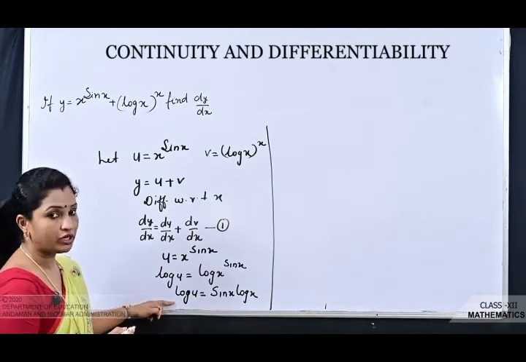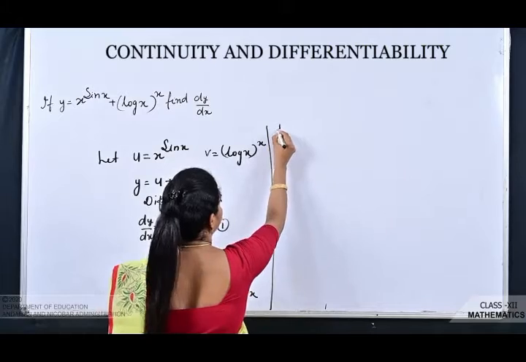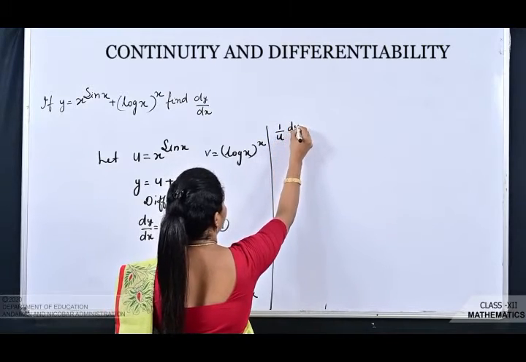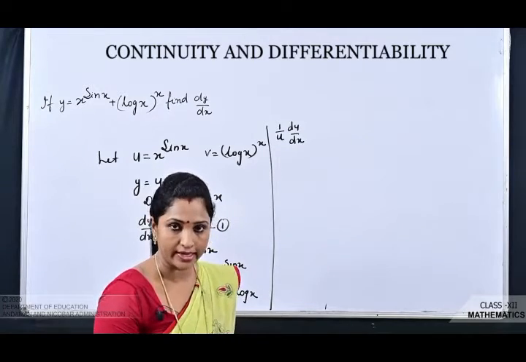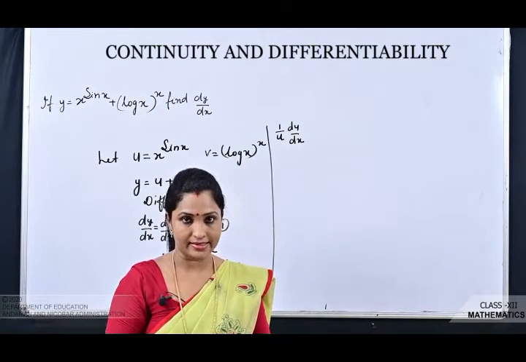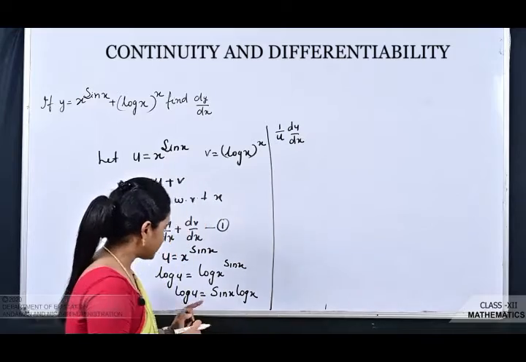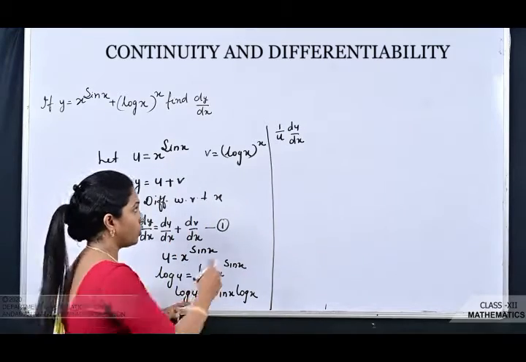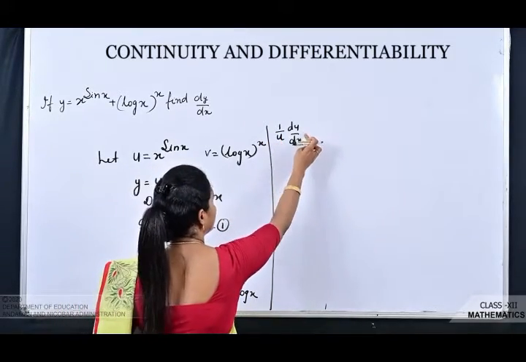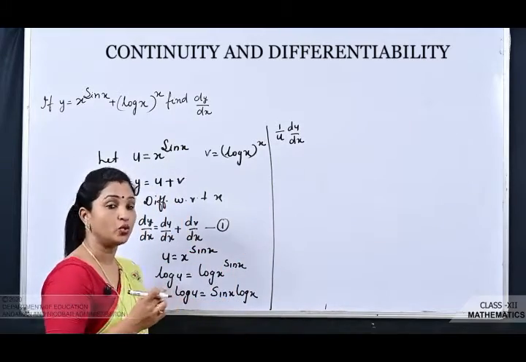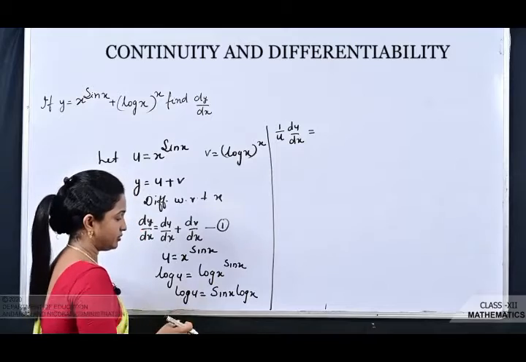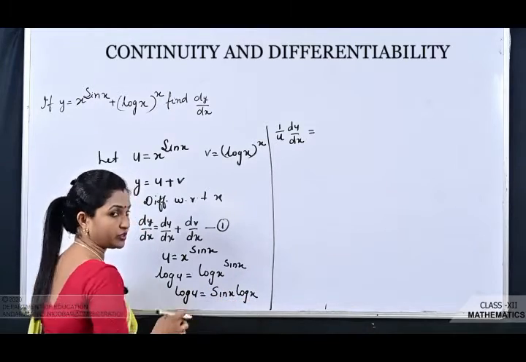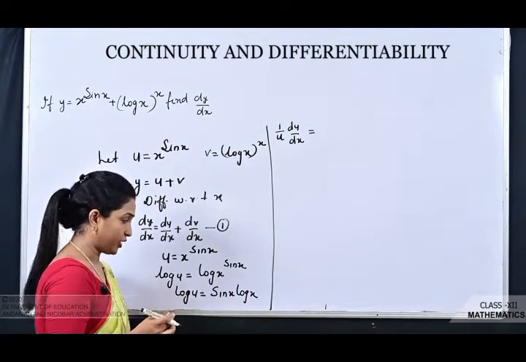Now what you will do? You will differentiate. Log u gives 1 by u into differentiation of u, because we know the differentiation of log x is 1 by x. But here x is not there, u is there. So 1 by u du by dx equals sin x log x, a product of two functions. So you have to apply the product rule here.